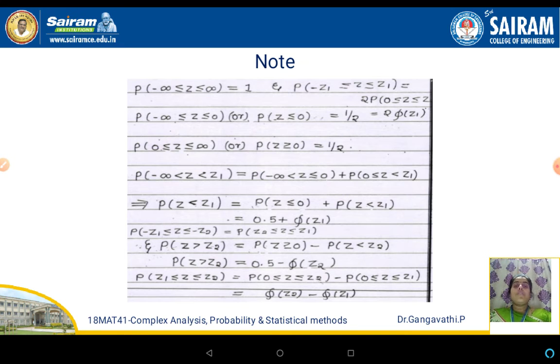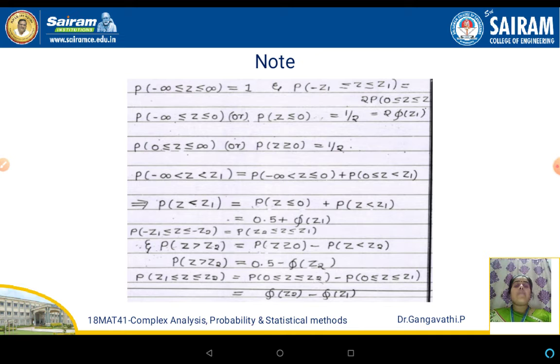So before going to the problem, there are a few things that you need to remember here. P of minus infinity less than or equal to z less than or equal to infinity. So z is the normal variate, and if it varies between minus infinity and infinity, the probability of that is equal to 1. The probability density function, that is.